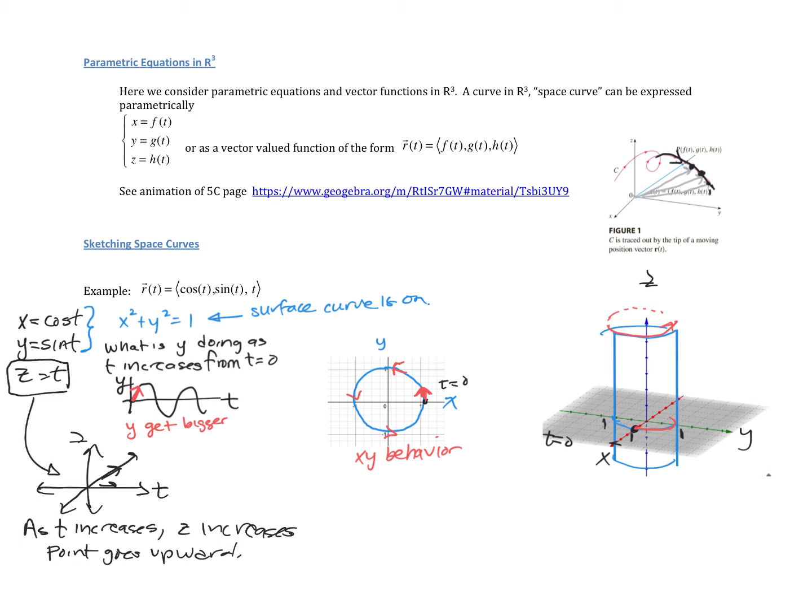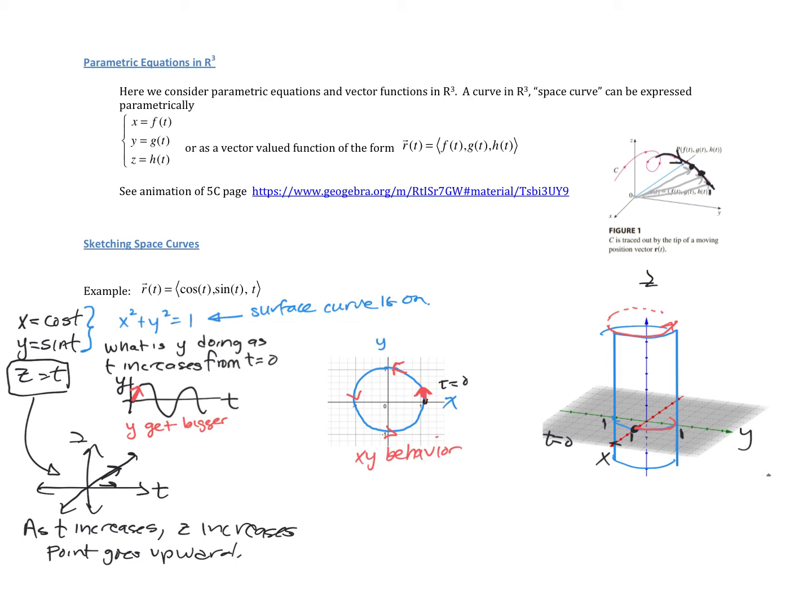So I previously said we're going around the front and then to the back, around the front, to the back, but I didn't know what Z was doing. Now I do. As we go around, the whole time, Z is getting bigger. I'm going to erase this in just a second, but I'm going to go around and get bigger, go around and get bigger. So the whole time I'm going around, Z is increasing.